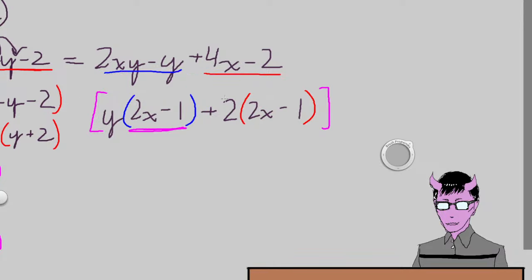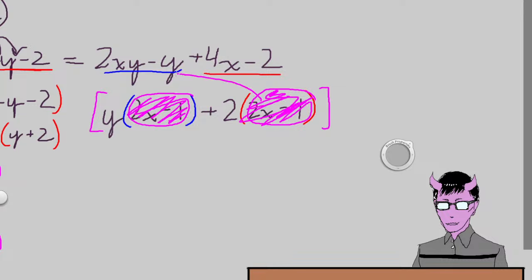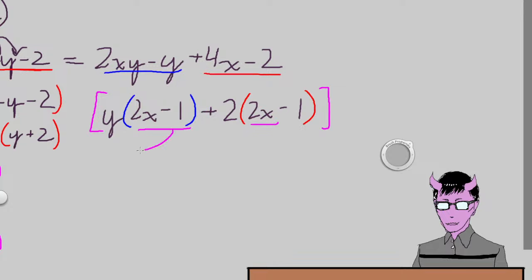Because conceptually, this is just one particular factor, purple factor, and this is technically purple factor. So since you have y times purple plus 2 times purple, you could just factor the purple out of the brackets. It's just that the purple factor has 2 terms inside it. But you treat it exactly like a factor. So take this factor out from those 2 terms and put it right there.